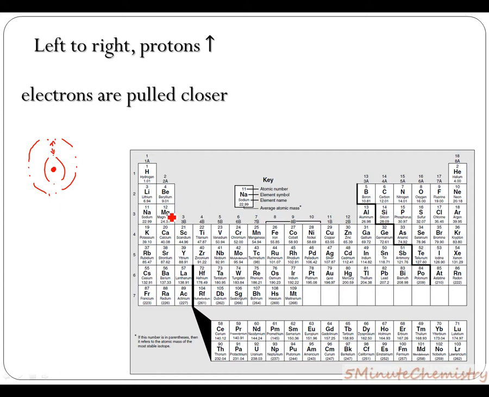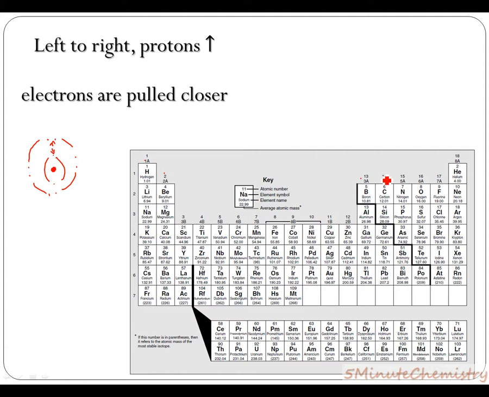Well, magnesium has electrons that are not being pulled by as many protons, so the positive pull is not as strong. There are fewer electrons on the outside than there will be further on. However, these electrons aren't being pulled in as tightly. So as I go from the left side, these are held pretty loosely, getting in tighter and tighter as I get more and more electrons, more and more protons.